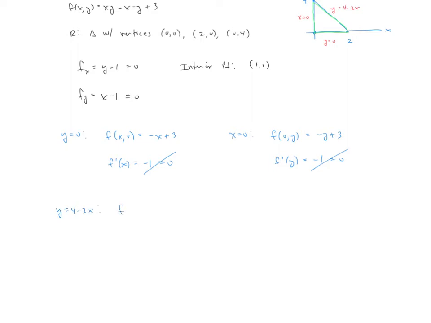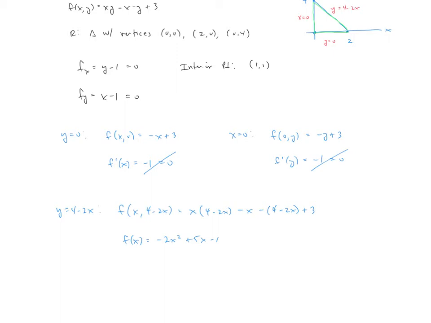So now the function is going to be a function of x and 4 minus 2x. Plugging 4 minus 2x in for y is going to leave us with this. And then if I simplify this down, my f of x is going to be negative 2x squared plus 5x minus 1.